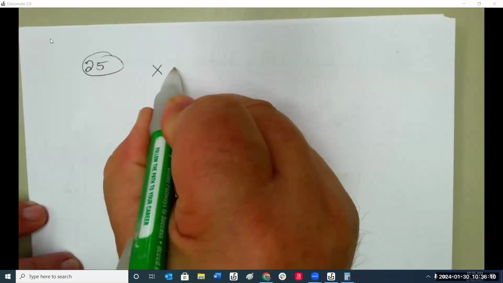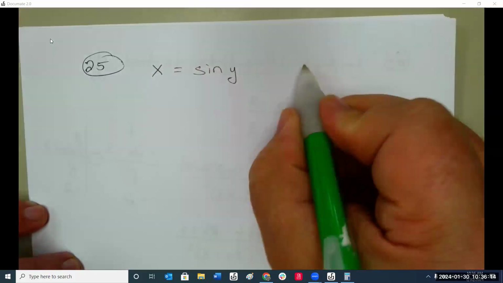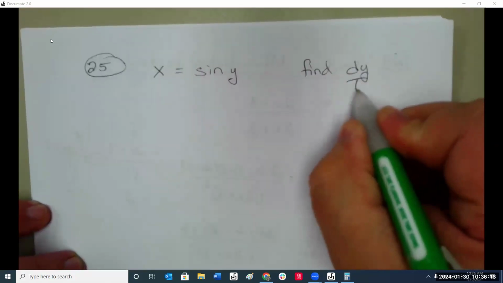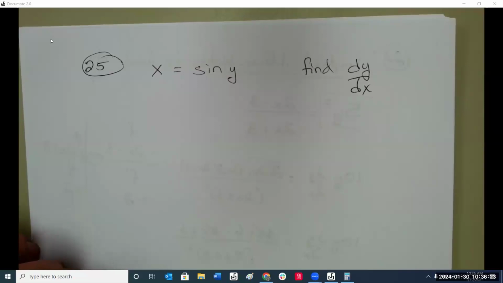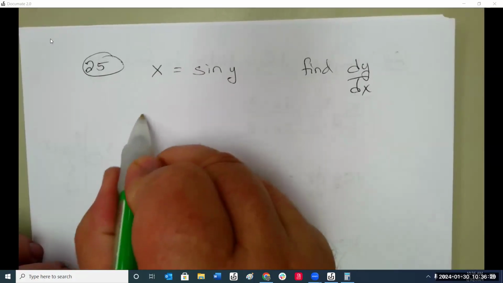Number 25. Find dy dx. Well, the derivative of x is what? 1.